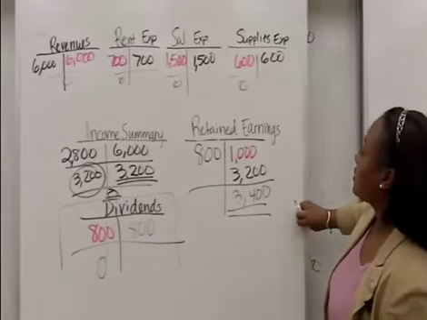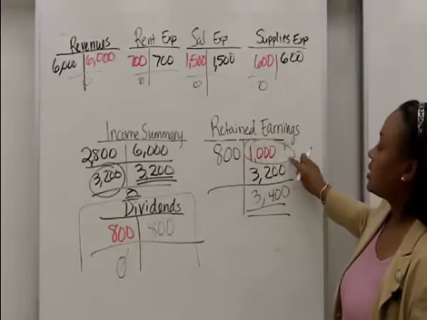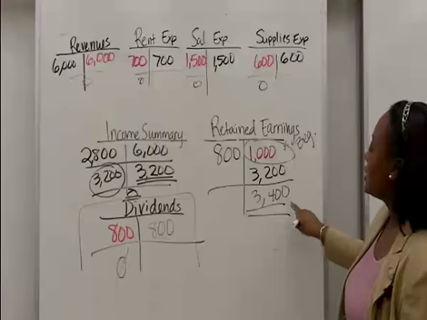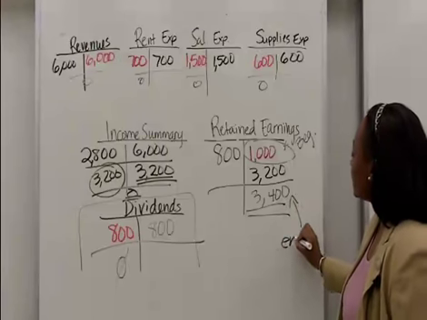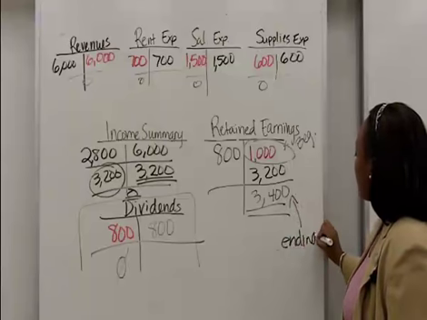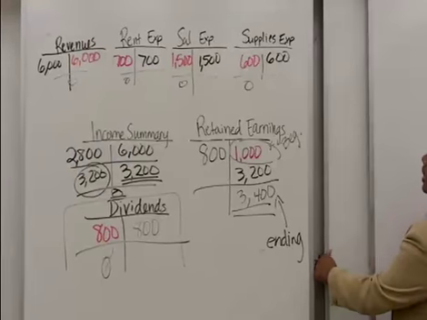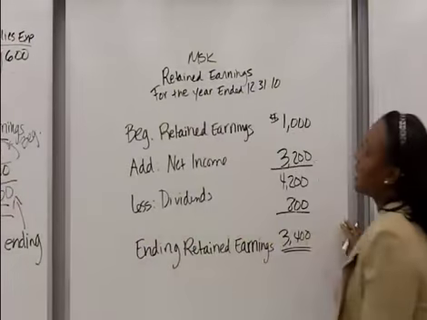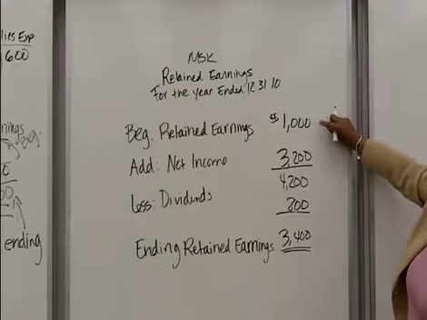One more thing just to kind of call attention to it. This 1,000 was the beginning balance. This is the beginning balance of our retained earnings. This 3,400 represents our ending balance. Okay? And if you were to look at the retained earnings statement for the same company, you'll see that they had a beginning balance of 1,000.